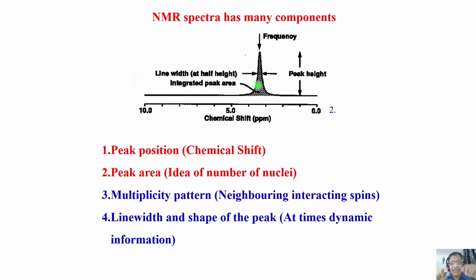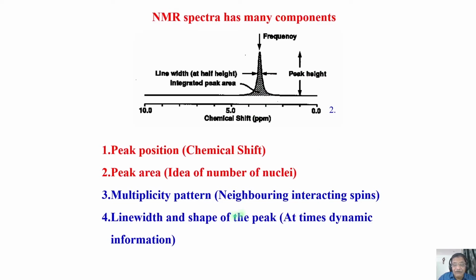If it starts interacting, then this peak starts giving rise to multiplicity. It starts undergoing splitting and we get a multiplicity pattern. The multiplicity pattern can be of various types. It could be 2 lines of equal intensity, or 3 lines of equal intensity. It could be 3 lines of different intensity like 1:2:1. Varieties of things happen. So that multiplicity pattern tells me what the neighboring interacting spins are, and how the peak is split because of them.